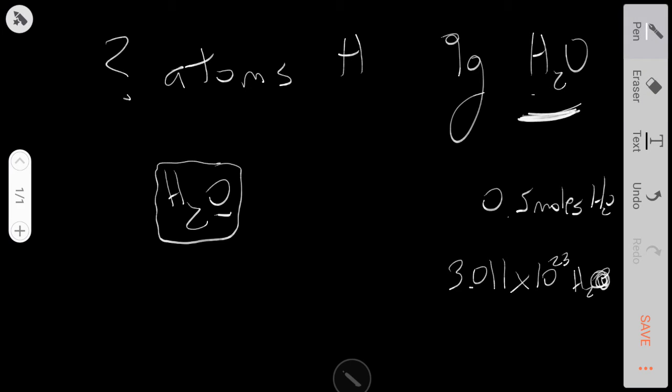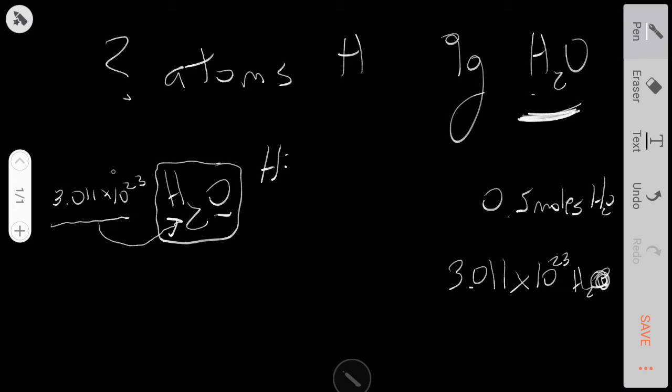But what I need to do is, I now have 3.011 times 10 to the 23 H2O. So what I need to do is figure out, okay, to get hydrogens, I need to take this number times 2. So for solving for hydrogen, how many hydrogen do I have?